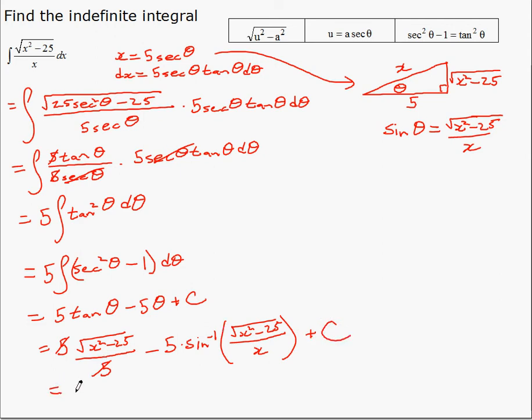So if we write the final simplified form, then we get the root and 5 sine inverse x squared minus 25 over x plus a constant.